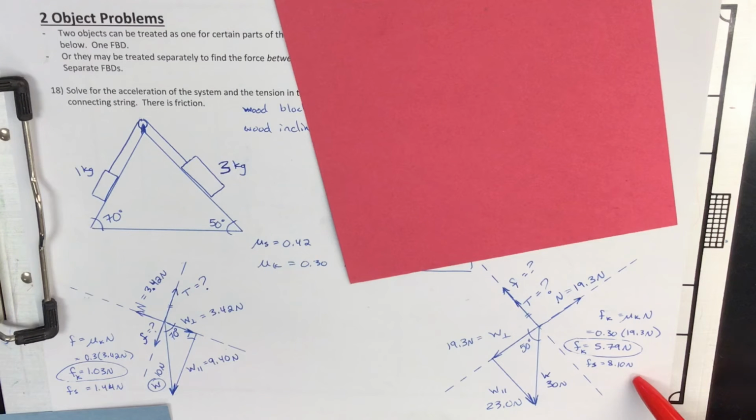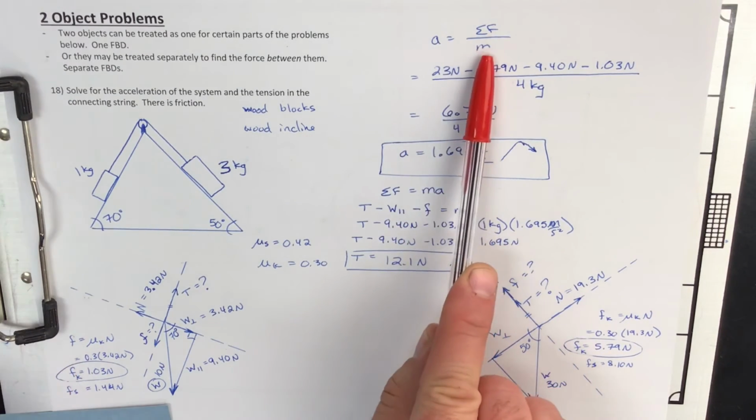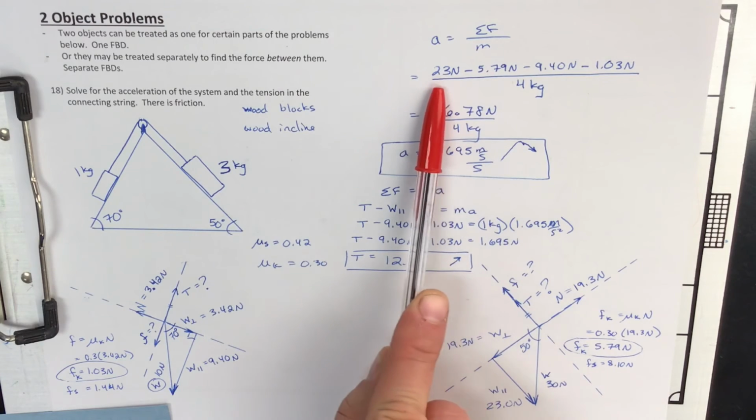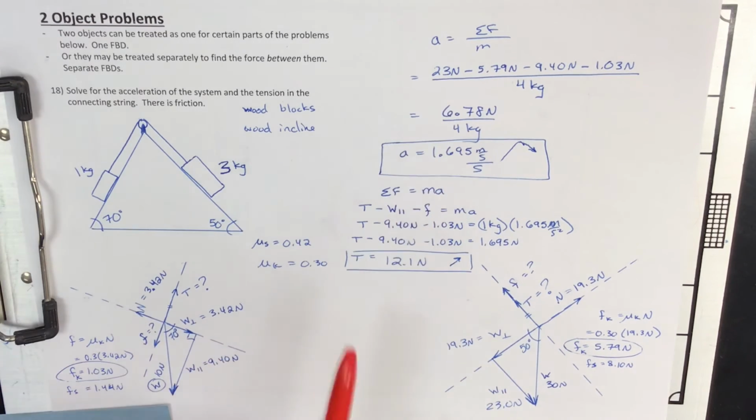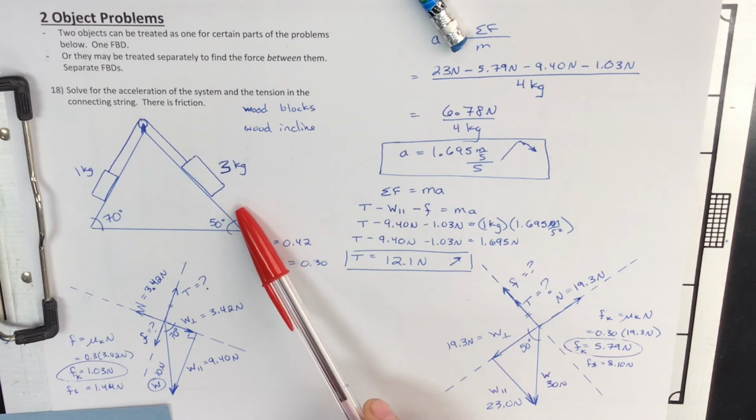All right, now take that whole thing, put that all together. I have the whole solution shown here because it's all scattered all over the page, but look up here. Net force over mass, net force. What's the forward force? Just forward force is this. The 23 newtons is the forward force pulling that thing down the incline.